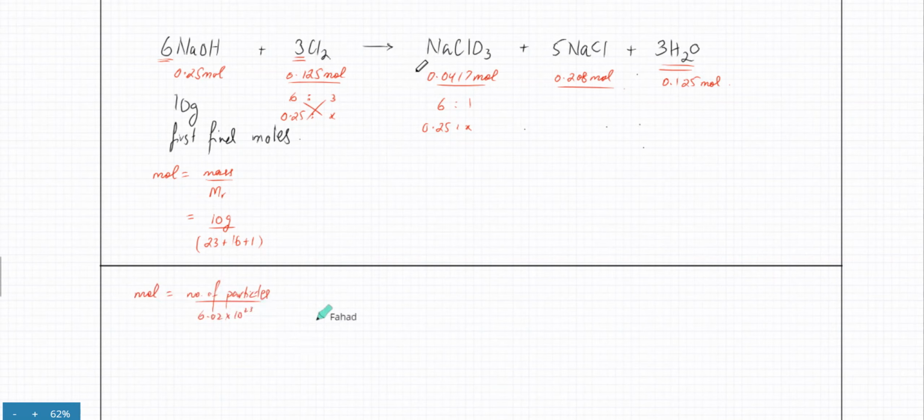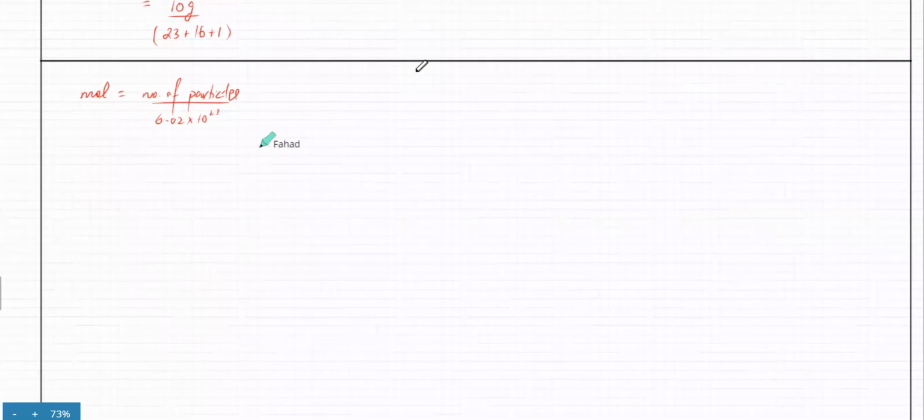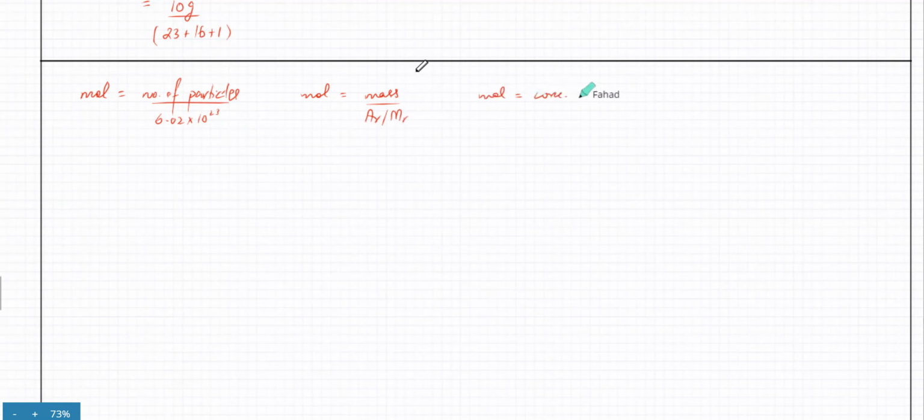The other one is और क्या क्या थे, moles is equal to mass over Mr. फिर solution के लिए क्या था, moles is concentration multiplied by volume, which was n is equal to c into v. And then you had another one which was moles is volume of gas. This was for gases divided by 24 dm cube. Remember to keep your volume in dm cube. So you have these formulas.